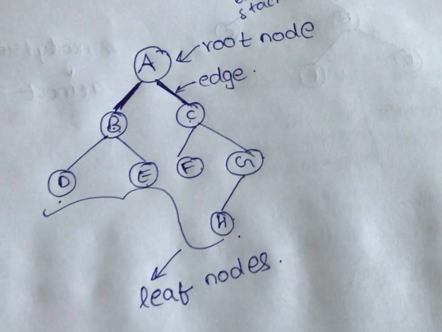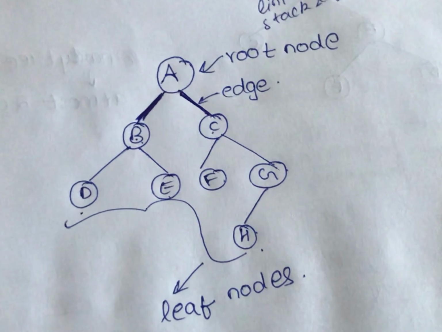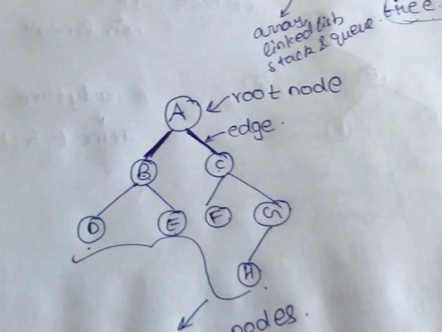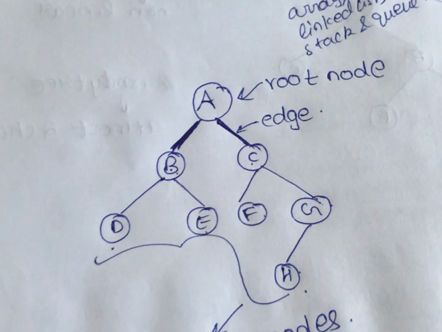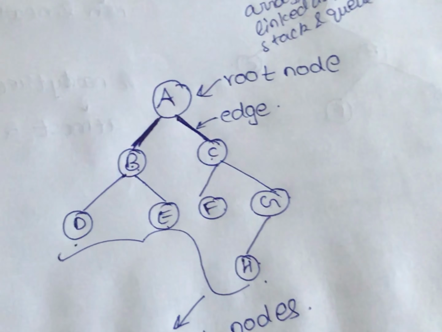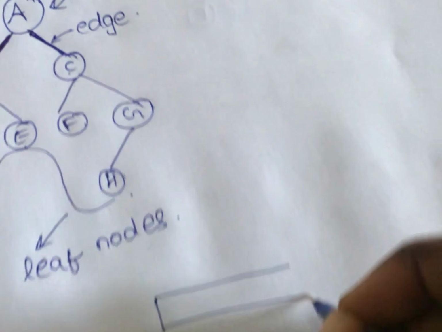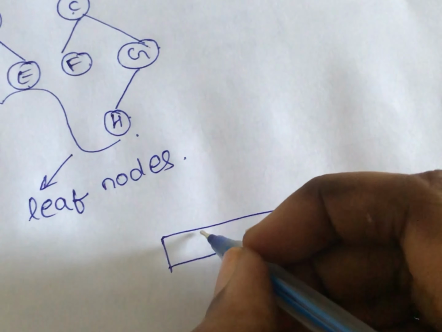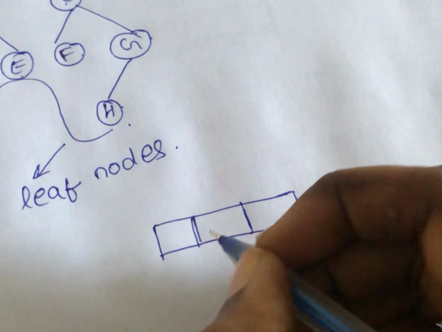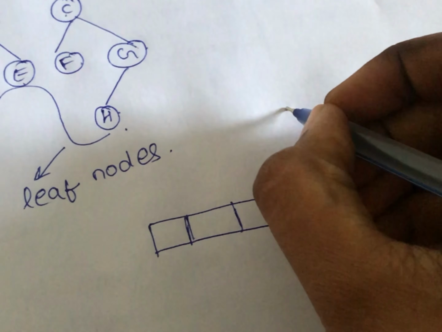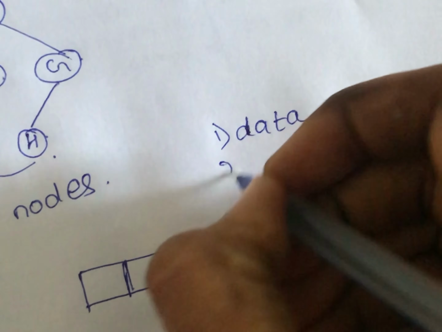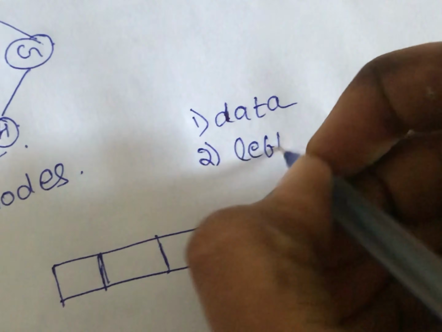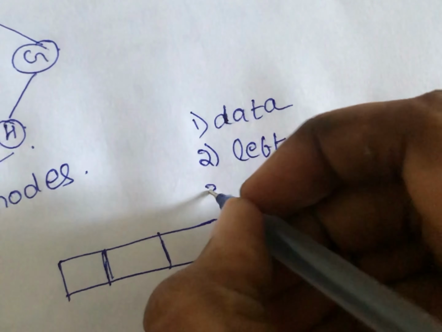So let's implement this in Python. Before implementing, let's see how we can do this. First, we'll create a class called node, in which we assign three parts: the data part, the left node value, and the right node value.